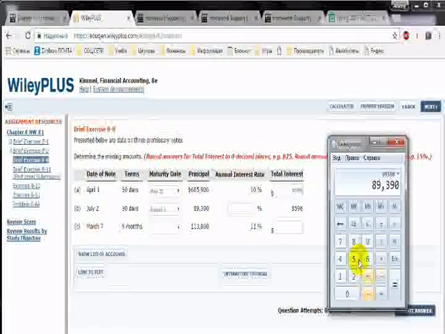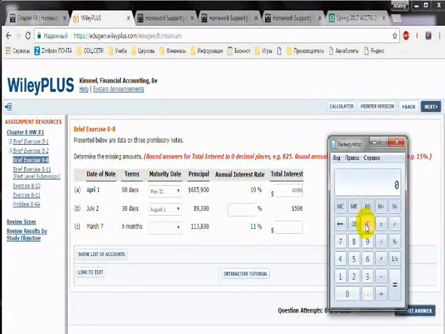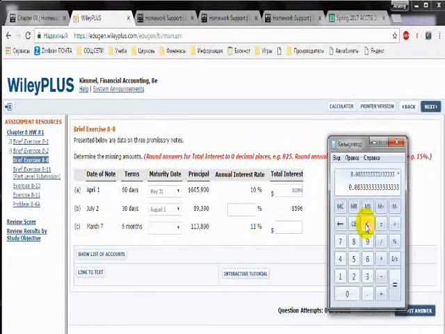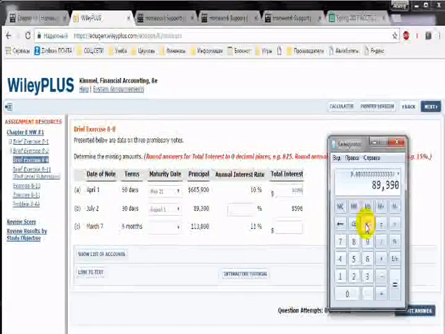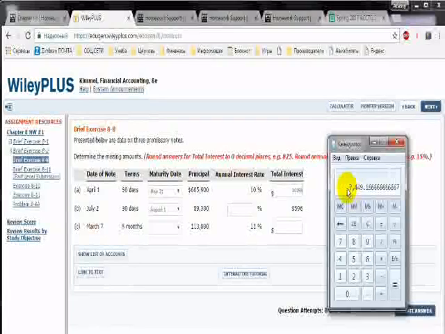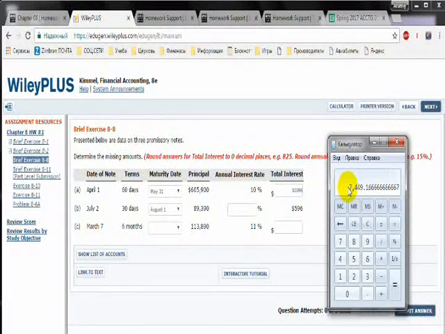Well, we'll count that first. 30 days out of 360 will be .083 times our principal. You see this complex amount. We need to memorize that number.